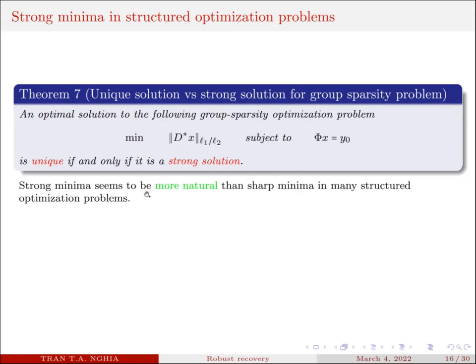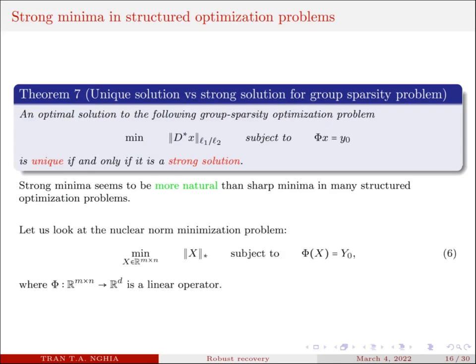And after this, we recognized that maybe it is more natural to consider strong minima in structured optimization problems rather than sharp minima. So we want to look at nuclear norm minimization problems, okay? We consider a very simple case like this one, right?